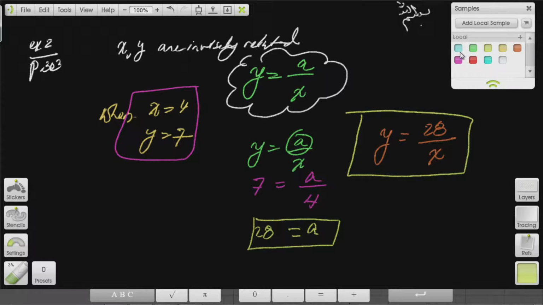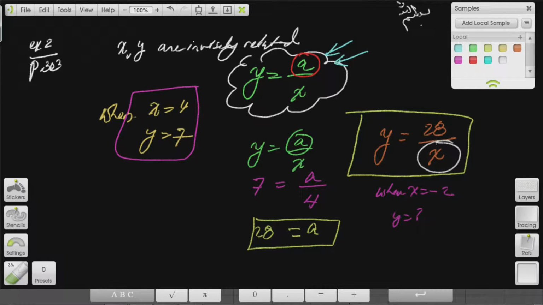As soon as we were told that this was an inverse variation, we can write this presumptive equation, not knowing what a is, and we can find a if we're given two values for x and y, because after this, for any given value of x, we can find the corresponding y, or vice versa. Then we are asked, in fact, told, find the value of y when x is -2. That's easy enough.